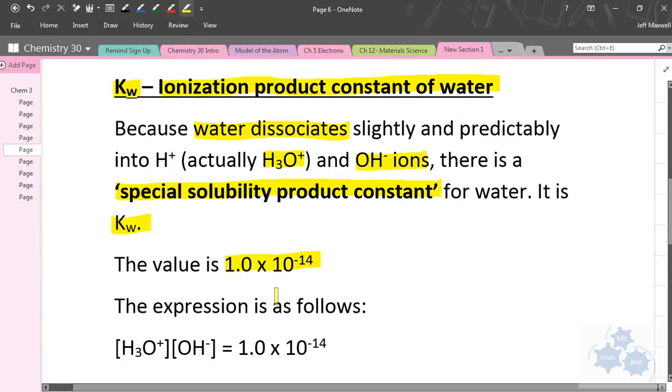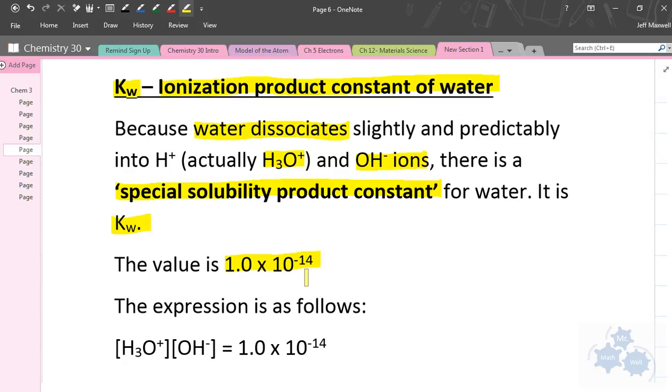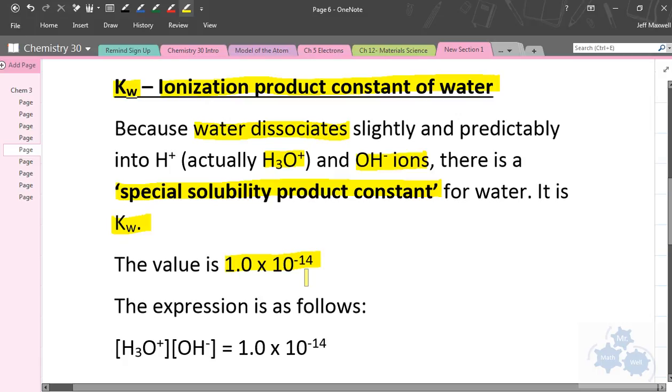Now, is that a pretty small number or a pretty large number? That's pretty small. Now, remember with our Ksp chart, right? Anything that was under times 10 to the negative 4 or so, anything that was a smaller Ksp than that, we said was generally insoluble. And times 10 to the negative 36 was some of them in there, and that's extremely insoluble, so they are not going to dissolve.